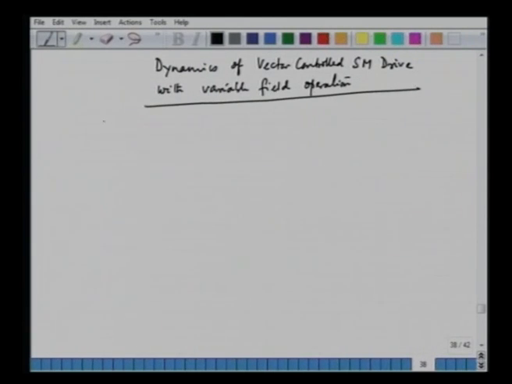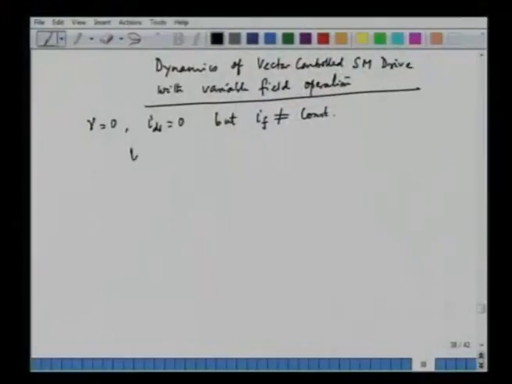So, what we have here is that gamma is equal to 0 and IDS also is equal to 0, but If is not constant. So, if If is not constant, we cannot ignore IKD. We understand that VKD is equal to 0, which is equal to RKD IKD plus P psi KD. What is psi KD?